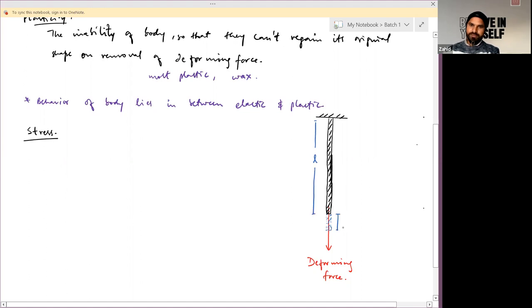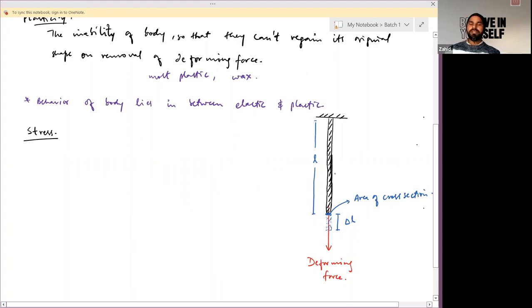Elongation is from this point to this point. Area of cross section is A.